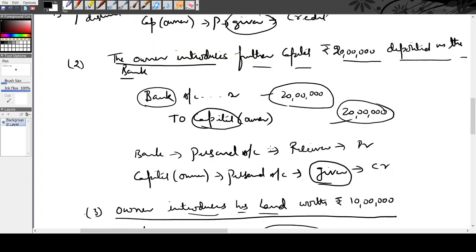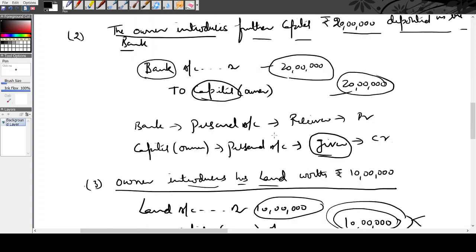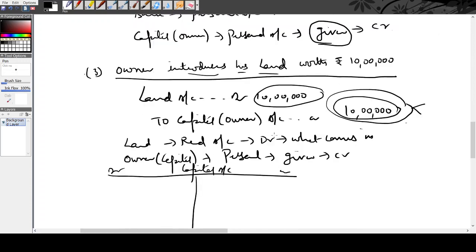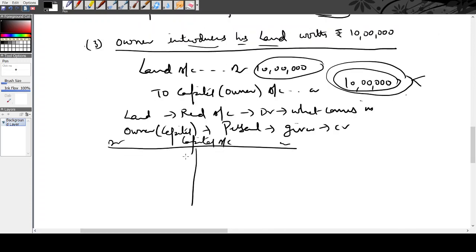Then the second entry, he introduced some money by depositing it in the bank, 20 lakhs, and then he introduced some land. So these entries will appear in the capital account like this: by cash 20 lakhs, by bank 20 lakhs, and by land 20 lakhs. Not 20 lakhs, but 10 lakhs.